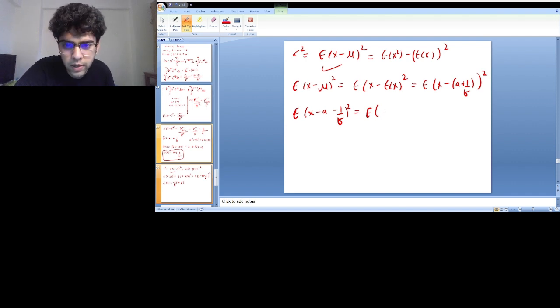So what I'll be doing is dividing this into two terms. So this gives me (X minus a) minus 1 upon b, whole square.